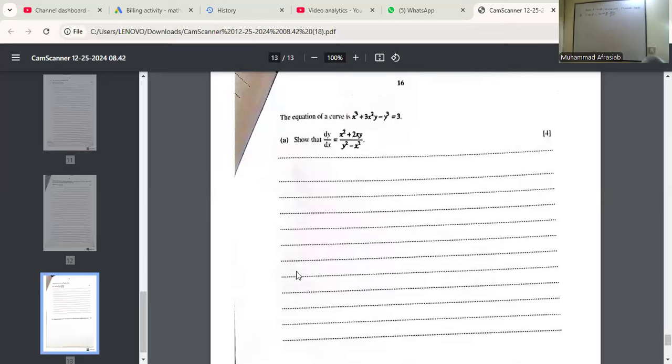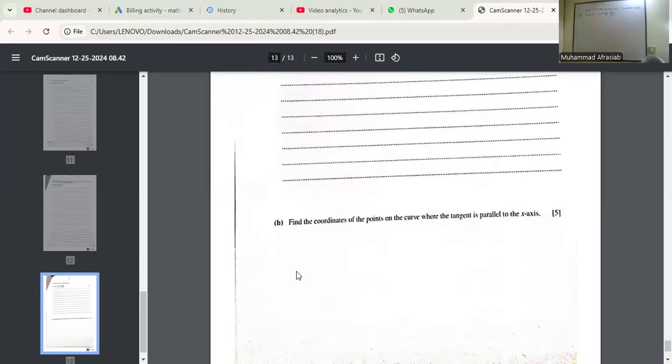And then find the coordinates of the point on this curve where the tangent is parallel to the x-axis. Tangent is parallel to x-axis, and you are going to find out the points there.